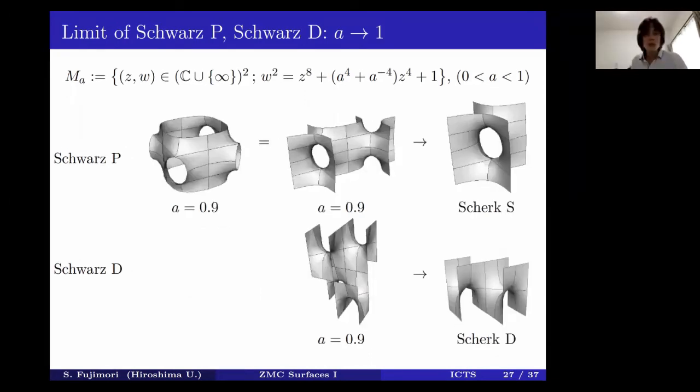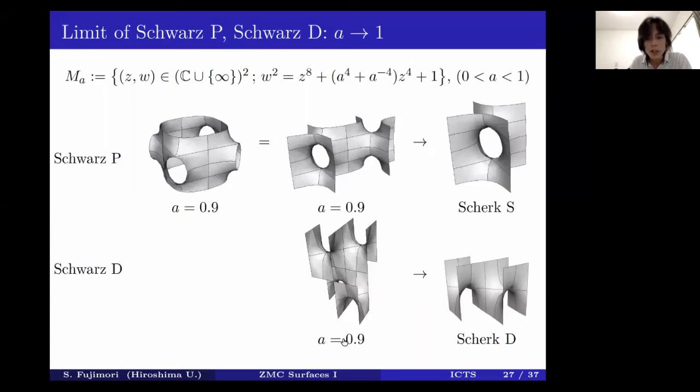And also, we consider the other limit. That means A goes to 1. So this is the Schwarz P surface with A equals 0.9. And we cut this part and put it here, and cut this part, put this here. Then we get this surface. And then as a limit, this part and this part separate, and we get the singly periodic Scherk surface.